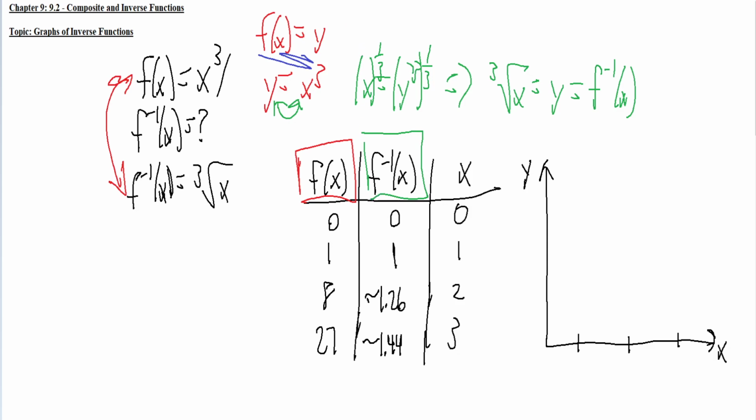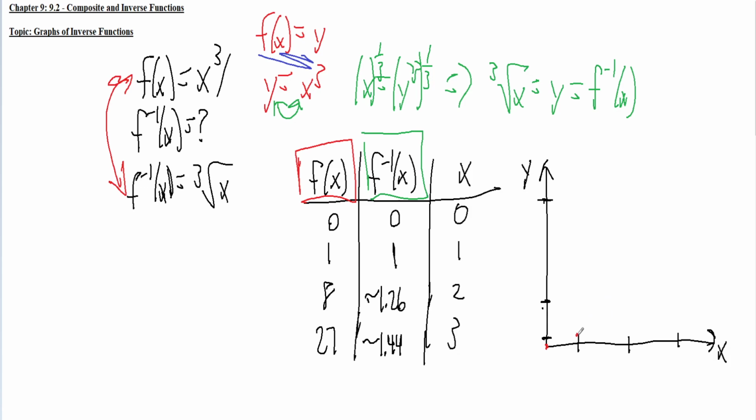So starting with our red here, we have 0, 0, and we can't forget our little ticks here, so this is 1, this up here can be 8, and then way up here is 27.